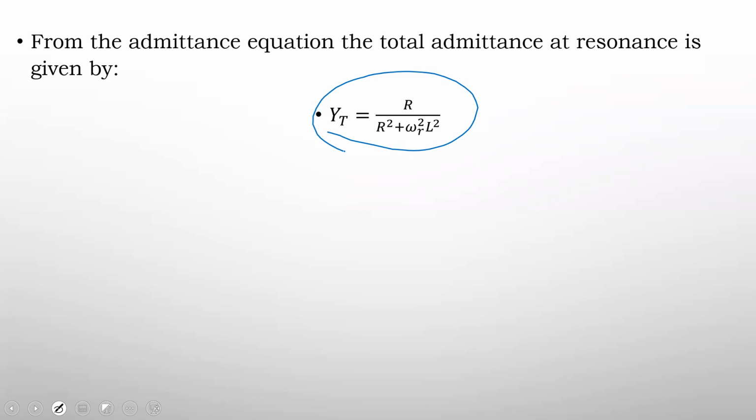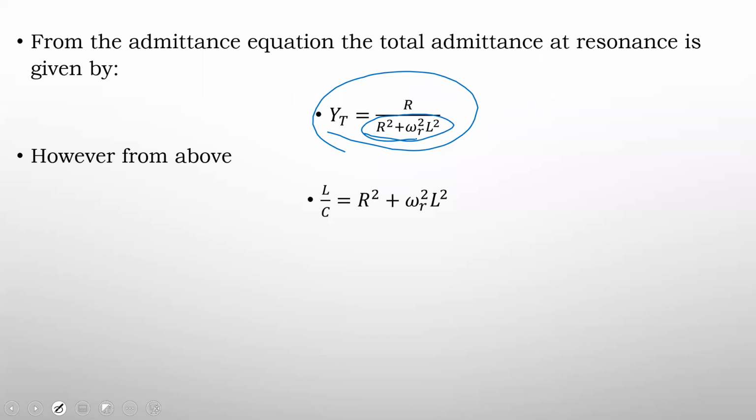So this admittance would be the admittance of the tank circuit at resonance. However, if you look back in the derivation, this expression R squared plus XL squared was equal to L over C. So let's look back at what you wrote earlier in the derivation.